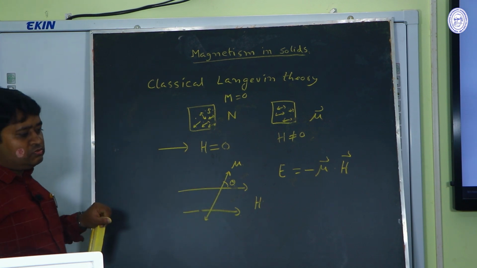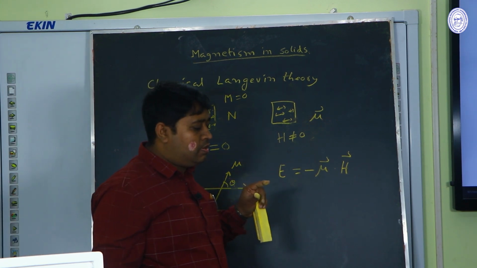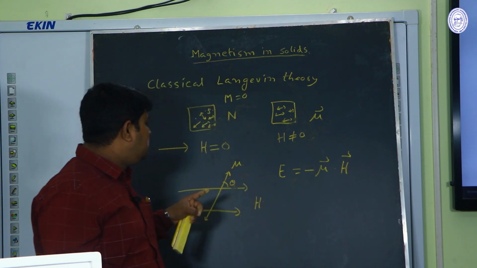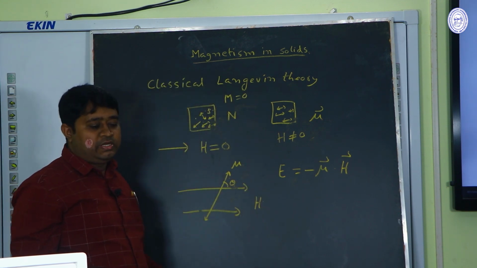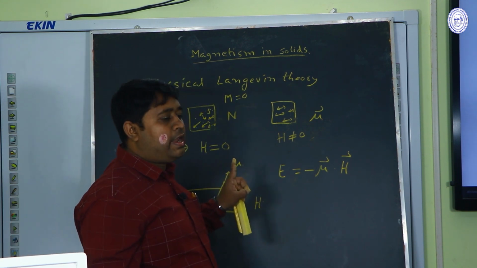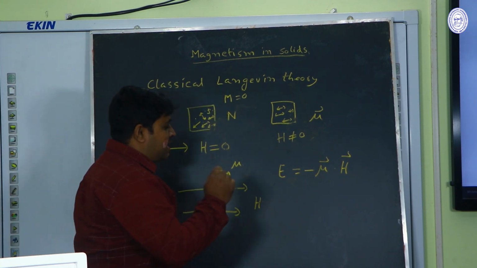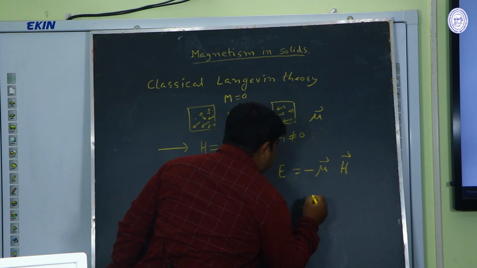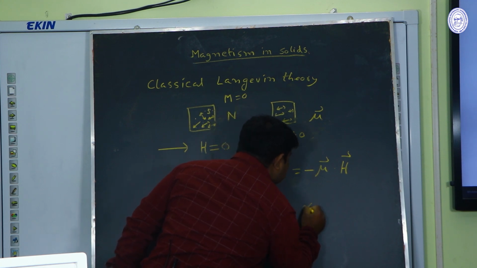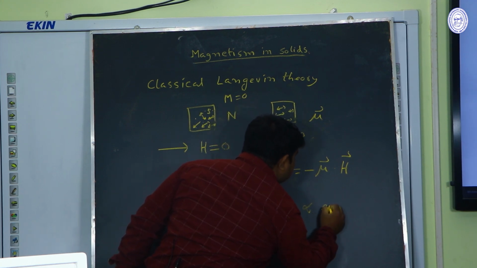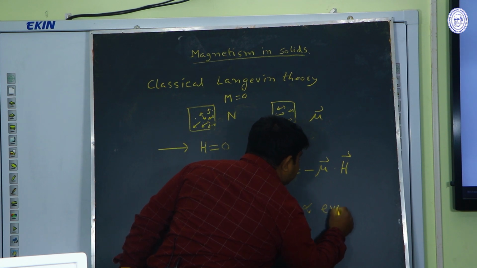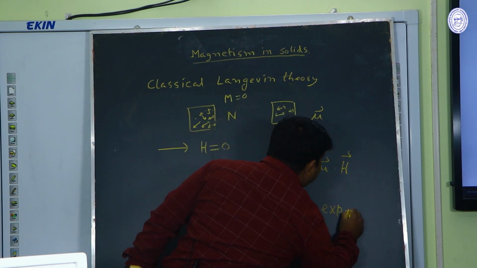According to the Maxwell-Boltzmann distribution law, the number of magnetic dipole moments aligned in a particular direction is directly proportional to the Boltzmann factor, e to the power minus E by kT.